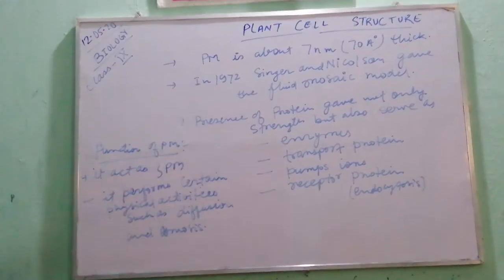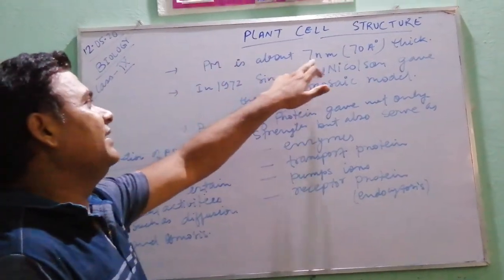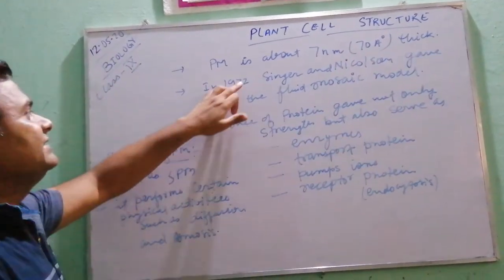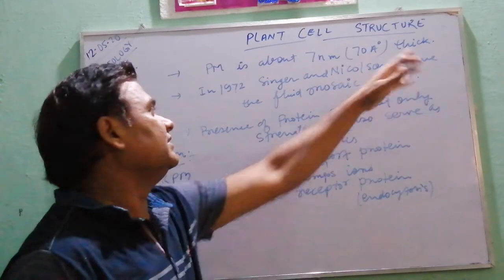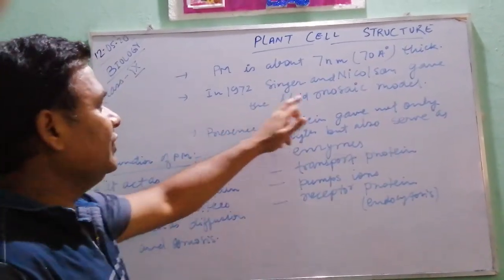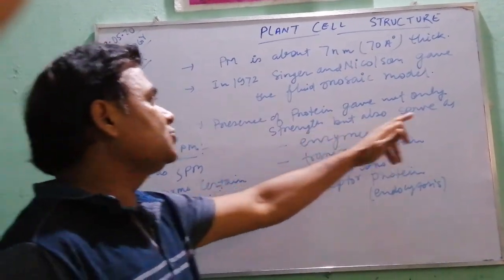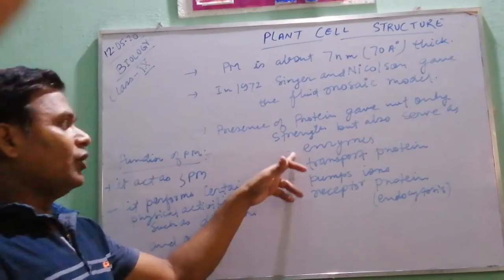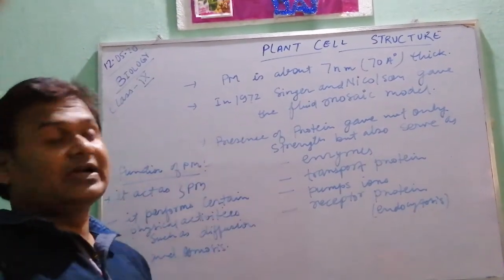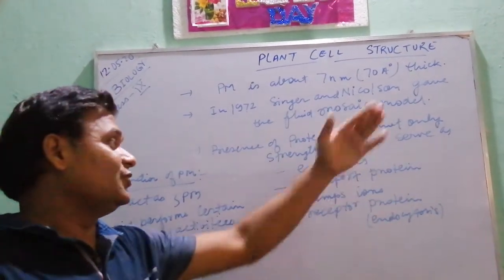Now some basic points of the plasma membrane. The PM is about 7 nanometers, that means 70 angstroms, thick. In 1972, Singer and Nicolson gave the fluid mosaic model. The presence of protein gives strength to the plasma membrane and also serves as enzymes. Transport proteins move substances from outside to inside and inside to outside.